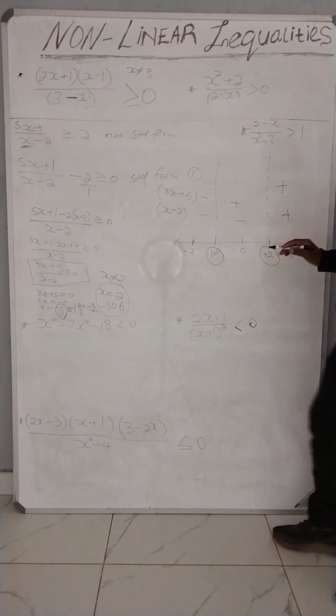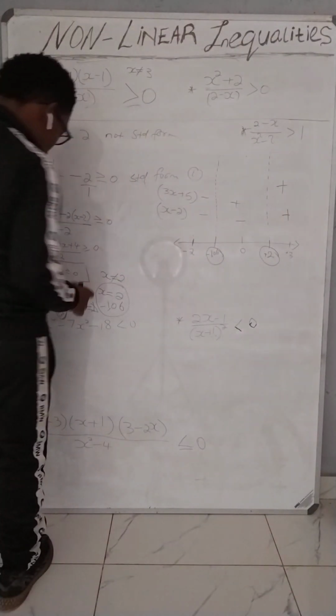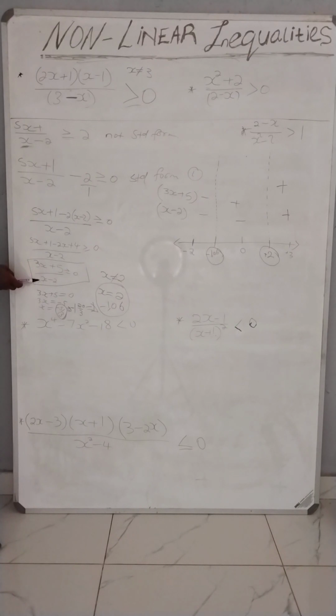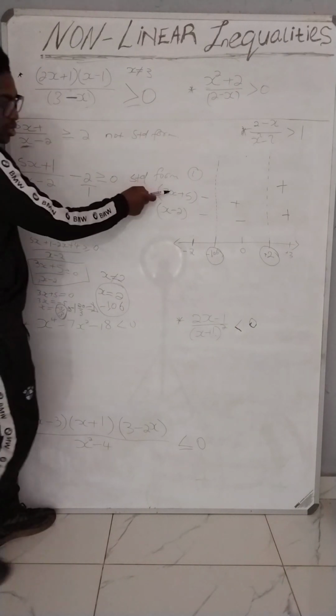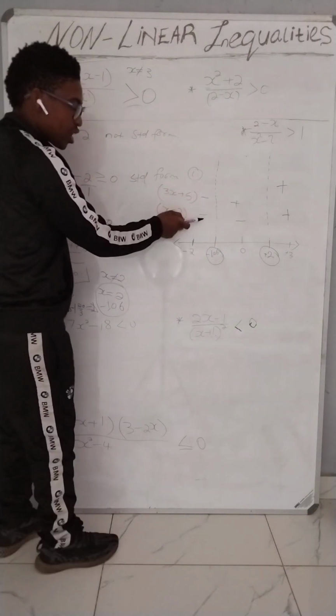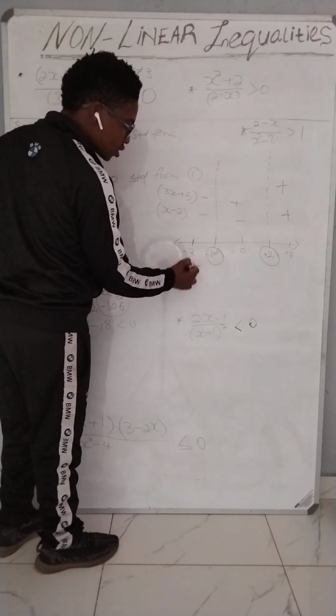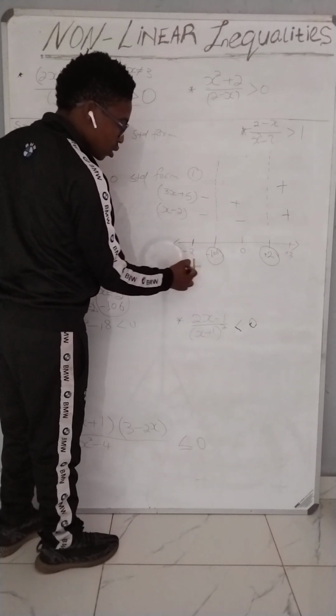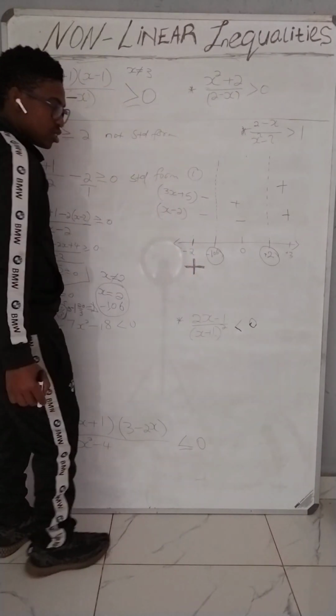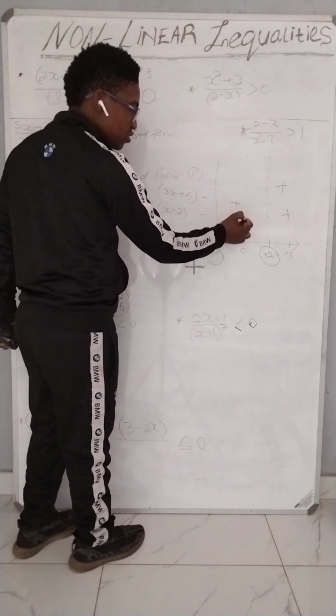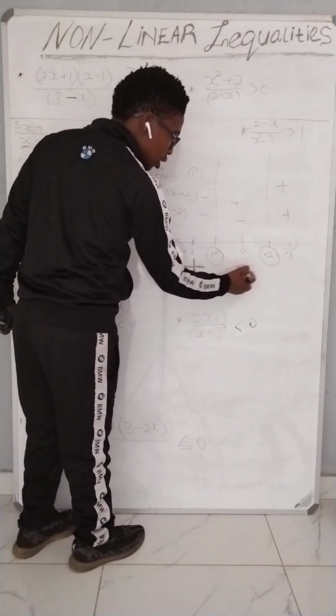Now coming back to our factors, it is this divided by that. So negative divided by negative is positive. Positive divided by negative is negative.